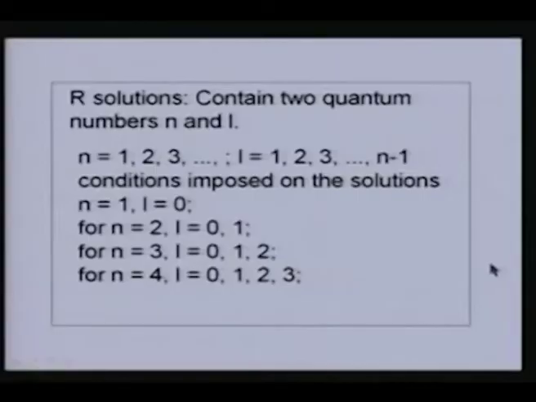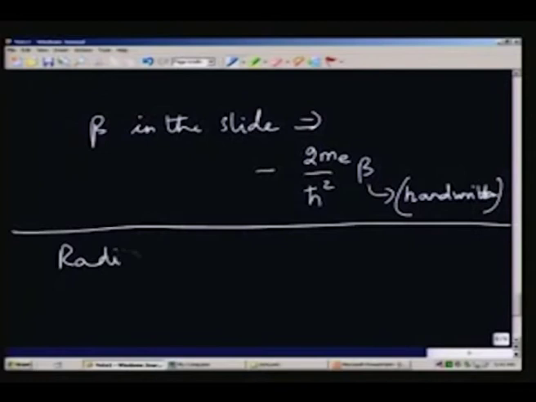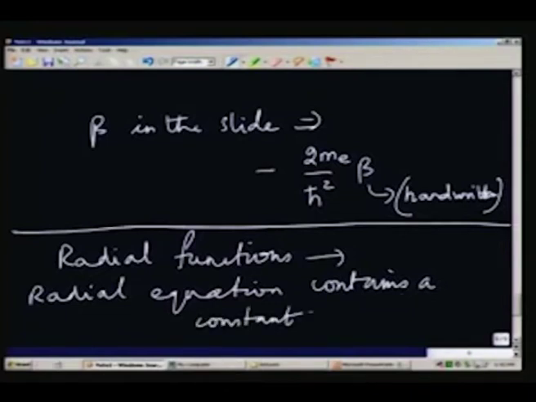Now the r solutions, let us now look at the radial functions. The radial equation, if you remember, contains a constant called beta, this one.